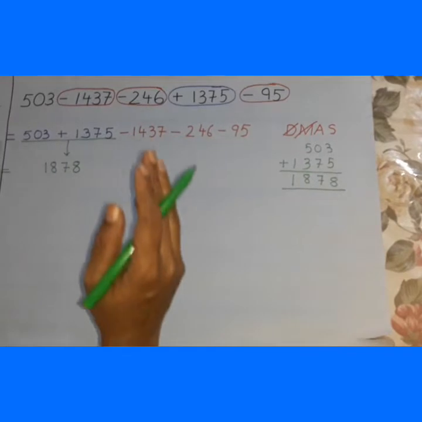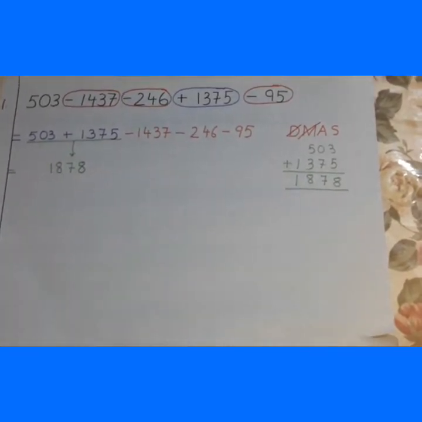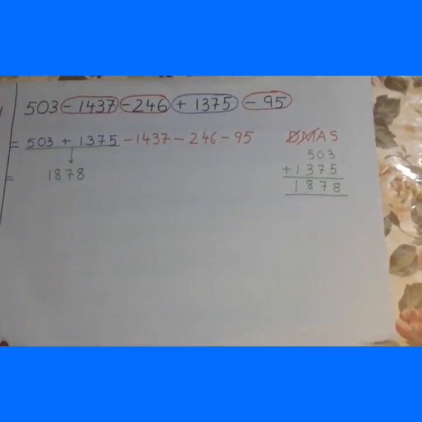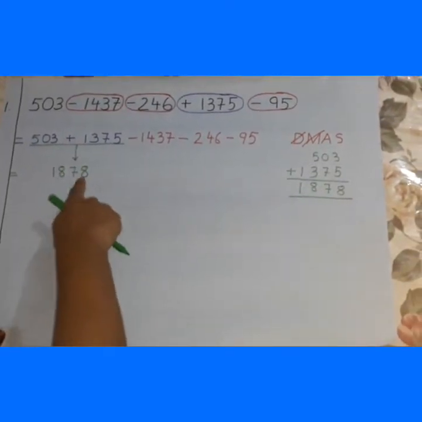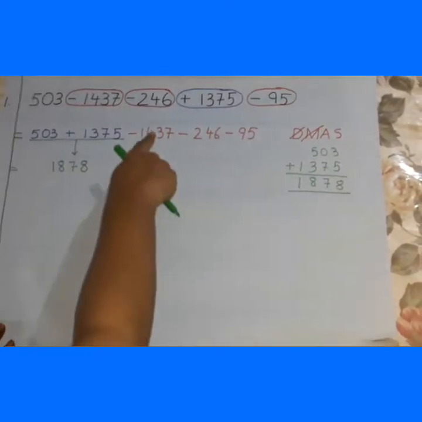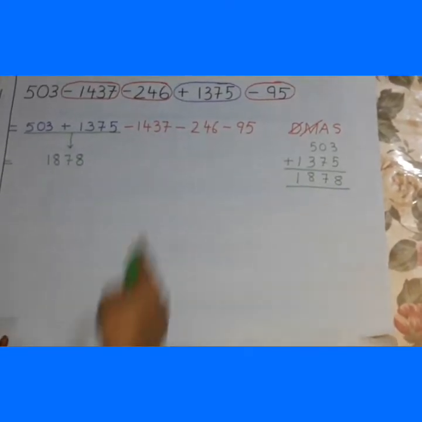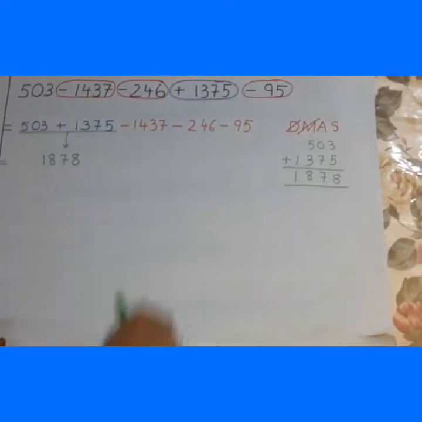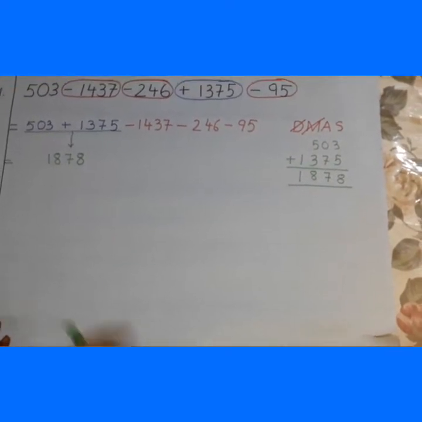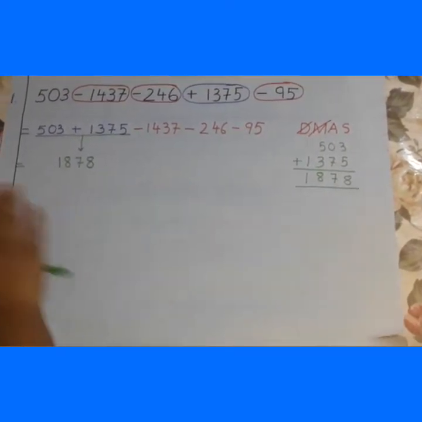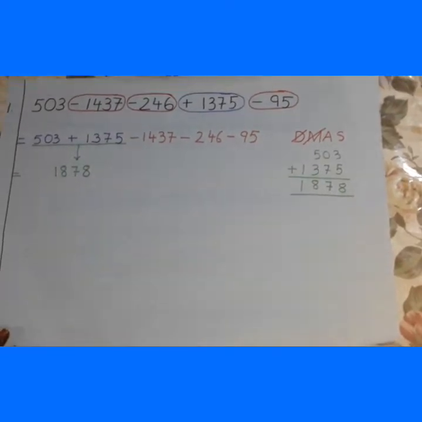Now comes something different. Till class 3, if I remember, you must have been doing this way. After getting this answer, you subtract. Whatever answer you get, again you subtract. Whatever answer you get, again you subtract. Am I right? But in class 4 or from class 4 onwards, we are not going to do that.